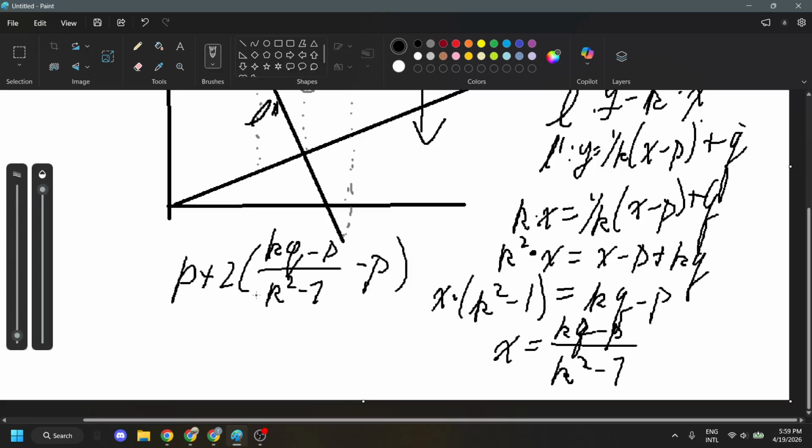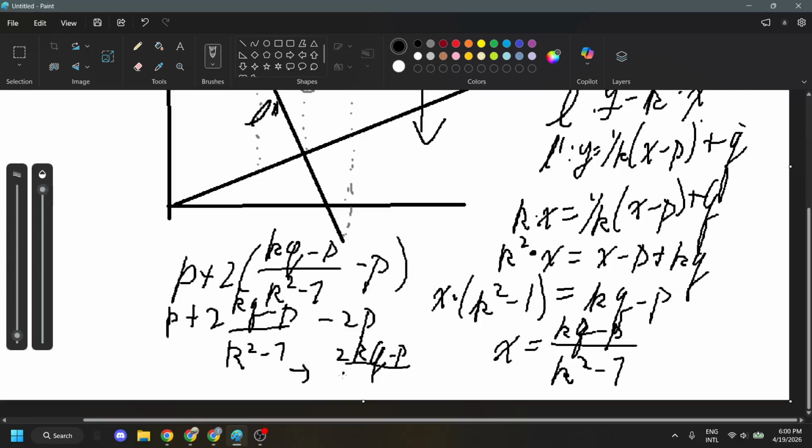So now we're adding 2 times that, so this is the x-coordinate of the reflected point. So p plus 2 times kq minus p over k squared minus 1 minus 2p. So our final answer is 2 times kq minus p over k squared minus 1 minus p.